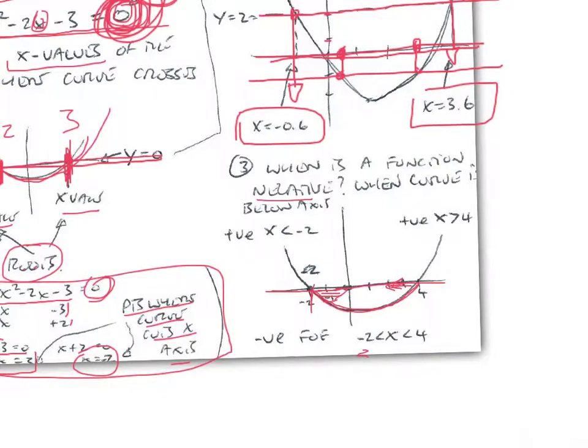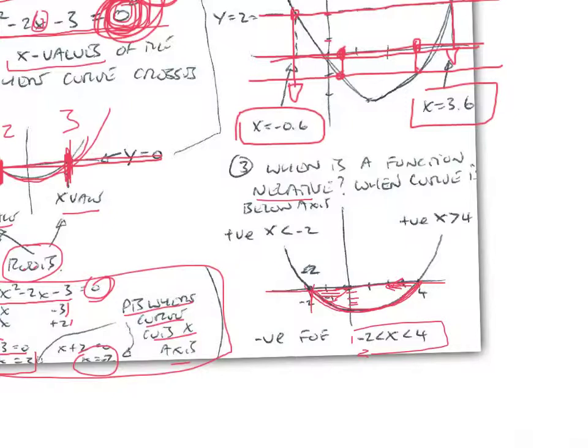But for any values that you put into the function, they'll be underneath the x-axis. The y value will be negative, and therefore the y value will be negative for values minus 2, minus 1, 0, 1, 2, 3, up to 3.999, not quite 4, okay?